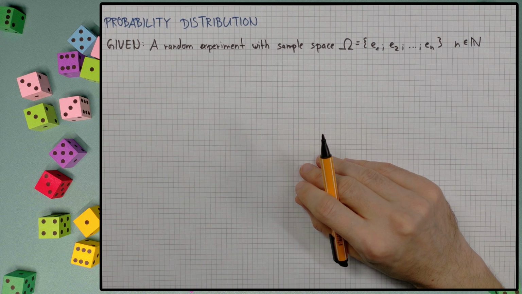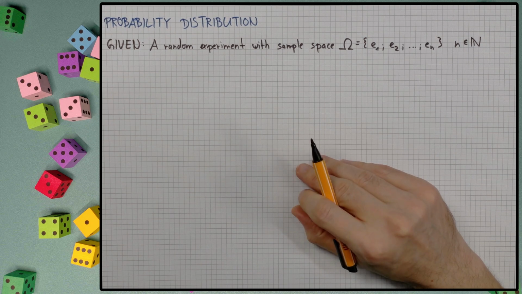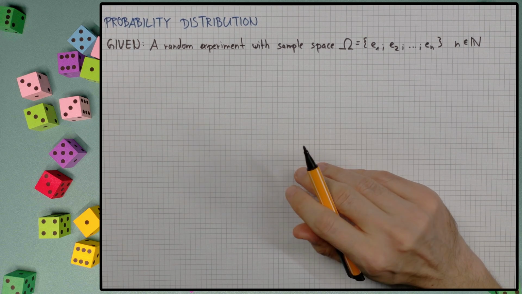What do we expect of that letter P that gave us the probability?